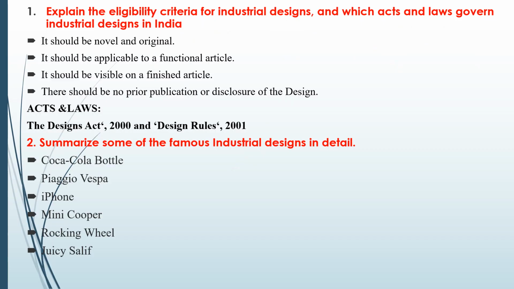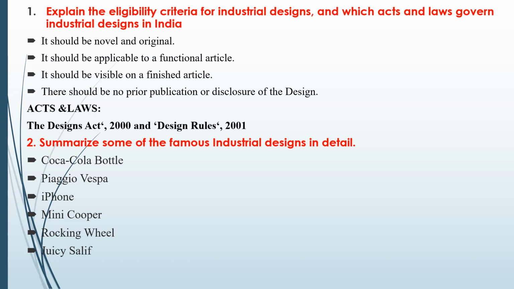Moving on to the first question: explain the eligibility criteria for industrial design and which acts and laws govern industrial design in India. If you are going to register for an industrial design, copyright, trademark, patent, whatever it is, it should be novel and original. That is, it should be your own work.